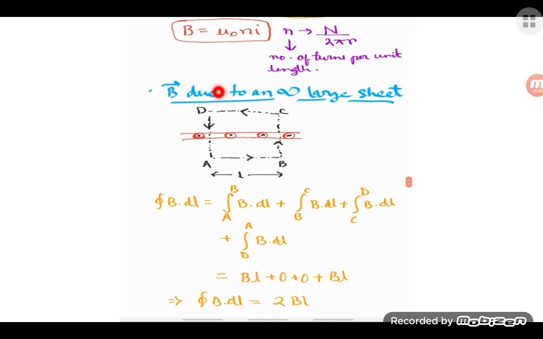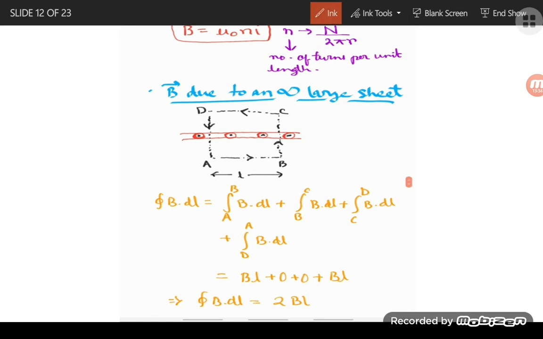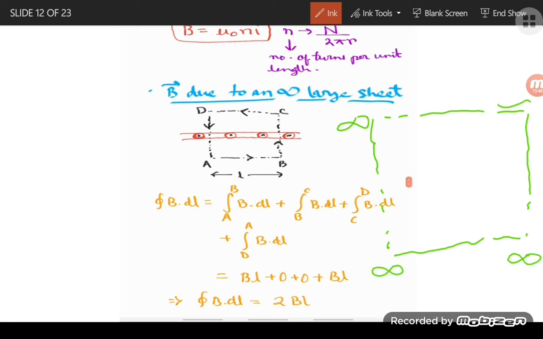Now B due to an infinite large sheet. So suppose there is an infinite large sheet of infinite length as well as of infinite breadth. Suppose the sheet is infinite from this side, and from all the sides it is infinite.